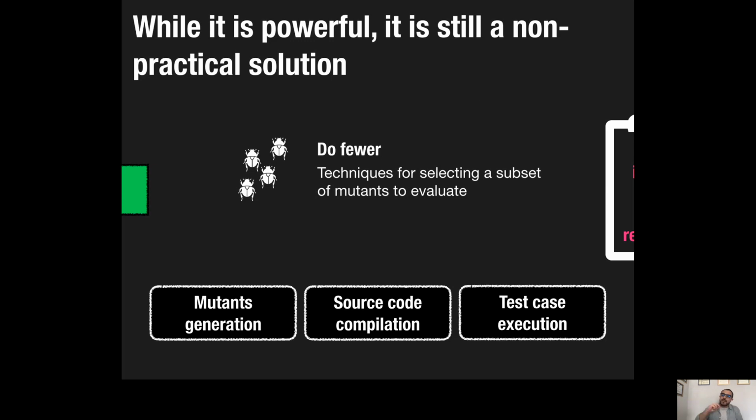The first one is related to the do fewer approaches. And these are techniques that aim at selecting a subset of mutants to evaluate. So they work on the first step of the process, the mutants generation step.